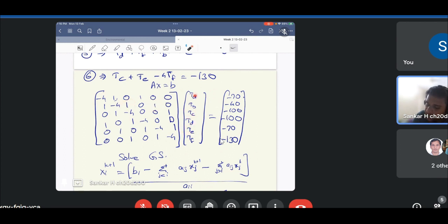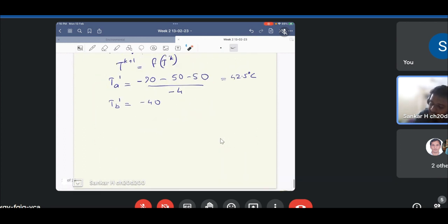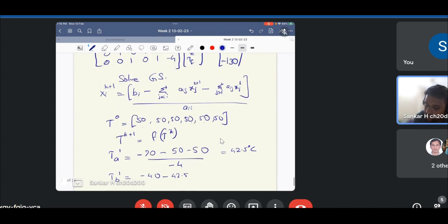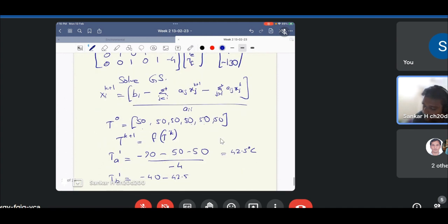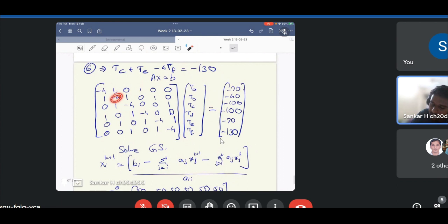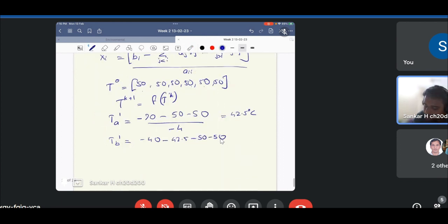Note that TA is calculated in the first iteration. So -40 minus 42.5 minus 50 minus 50, divided by a_ii, -4. We will get this as around 45.625.